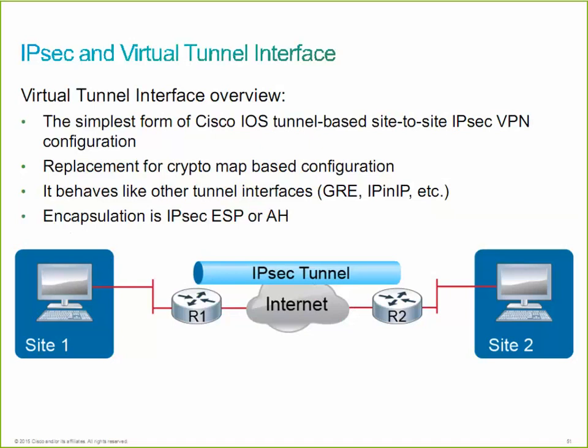It is really just an alternative to creating GRE tunnels over IPSec. The benefit of VTI is that it provides an actual routable interface, and that routable interface supports native IPSec tunneling built into it.